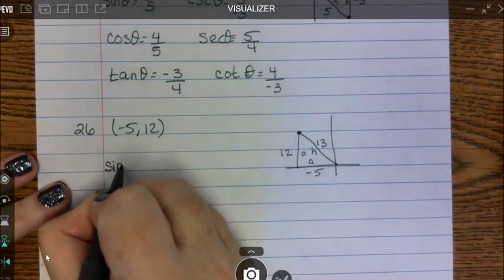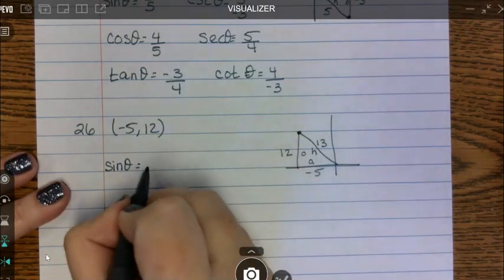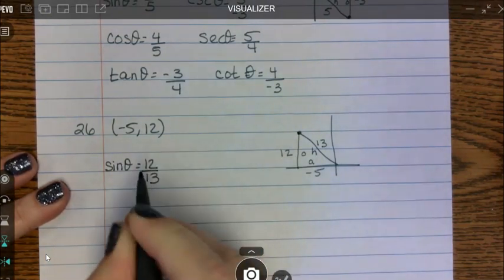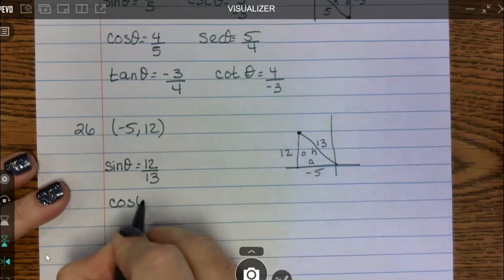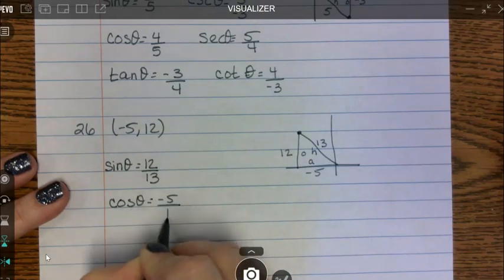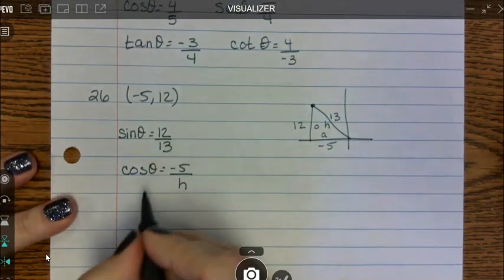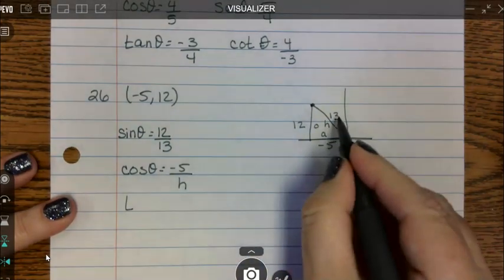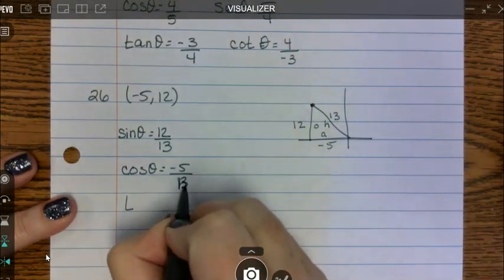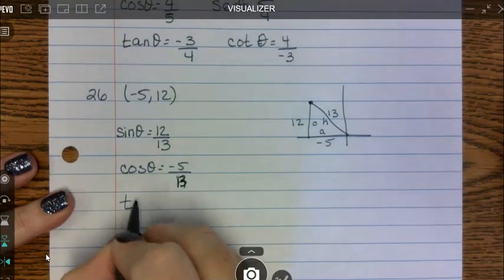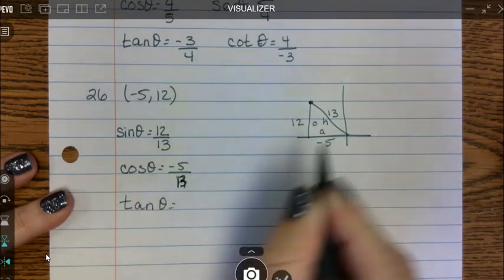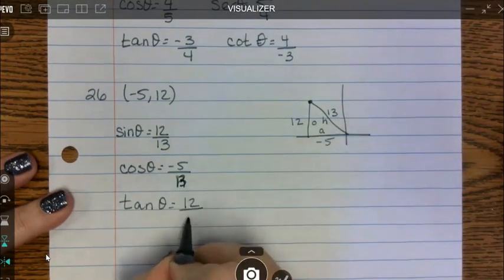Okay, so sine, opposite over hypotenuse. Cosine, adjacent over hypotenuse. I forgot it's 13. I am so sorry about that. And tangent is opposite over adjacent.